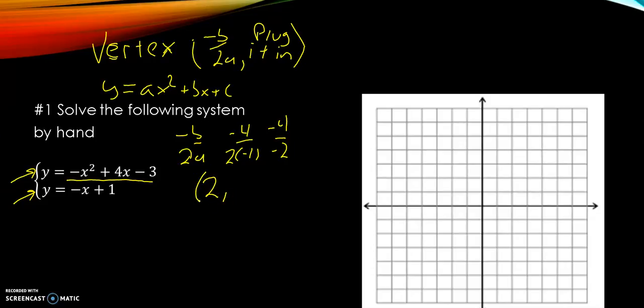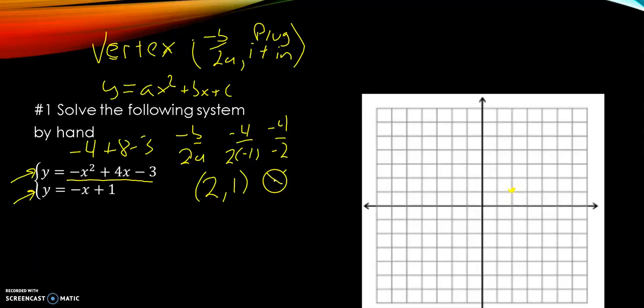Then I'm going to plug that 2 into the equation. 2 squared is 4, but that gives us negative 4. 4 times 2 is positive 8 minus 3. Negative 4 plus 8 minus 3 is 1. And so we have the vertex of the first equation right here at the point 2, 1.